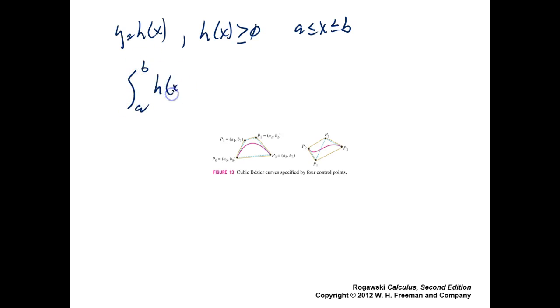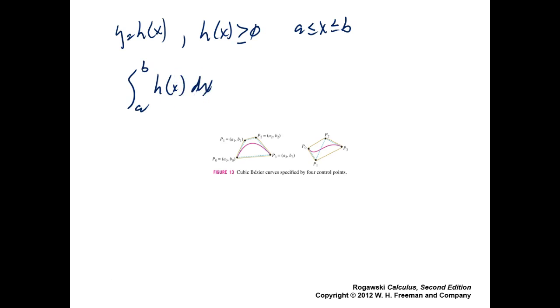I'm just going to use the slide. As we know, the area under a curve given by y equals h of x, when h of x is greater than or equal to 0 for all a less than or equal to x less than or equal to b, is given by the integral from a to b of h of x dx.